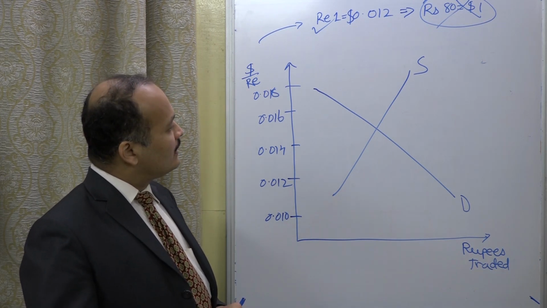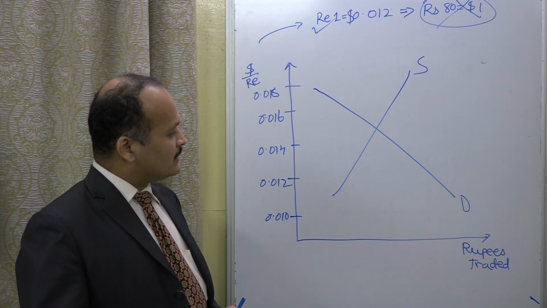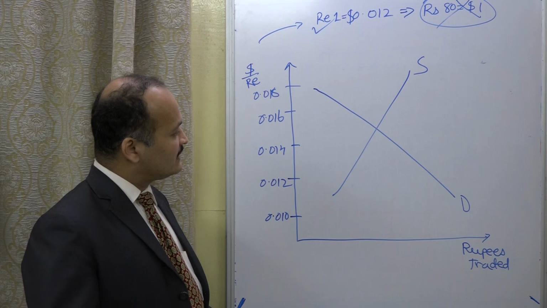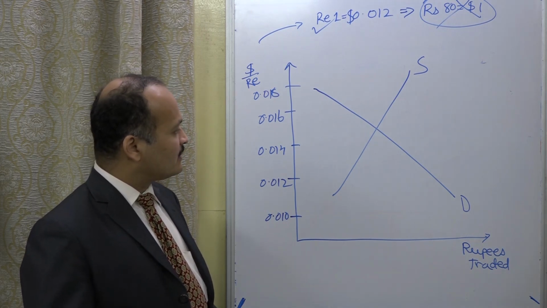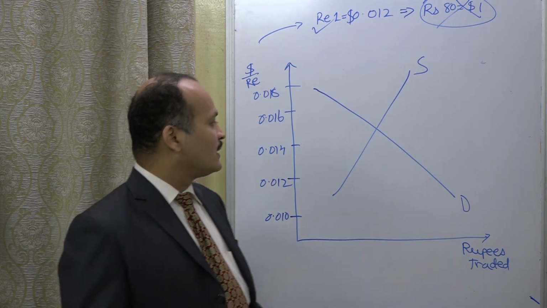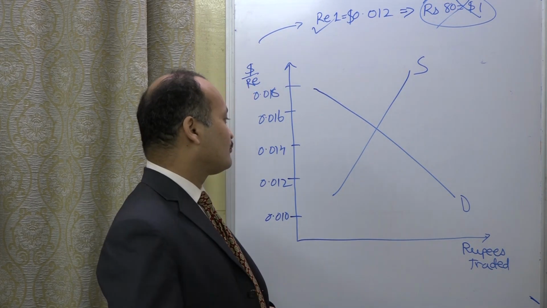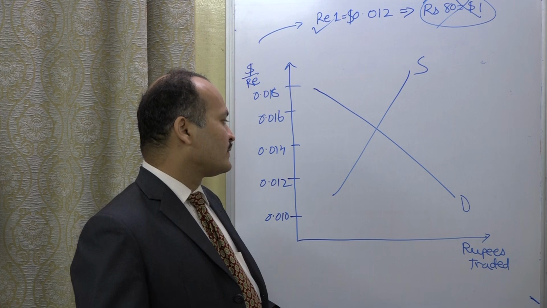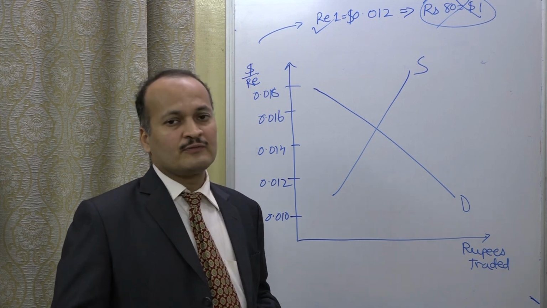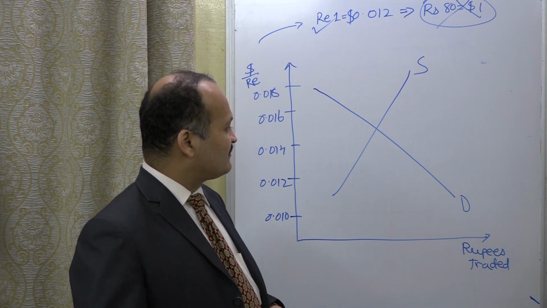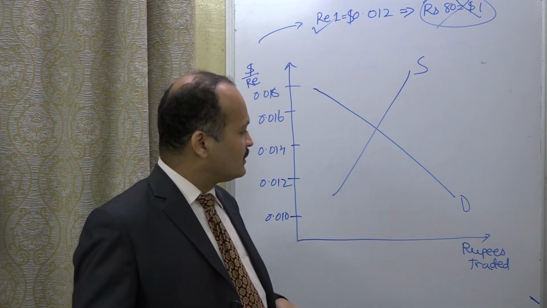Suppose the FIIs develop a disinterest in the Indian economy because the macroeconomic fundamentals are not very strong. Suppose the GDP growth has been lackluster, inflation is relatively high, and fiscal deficit is also increasing.